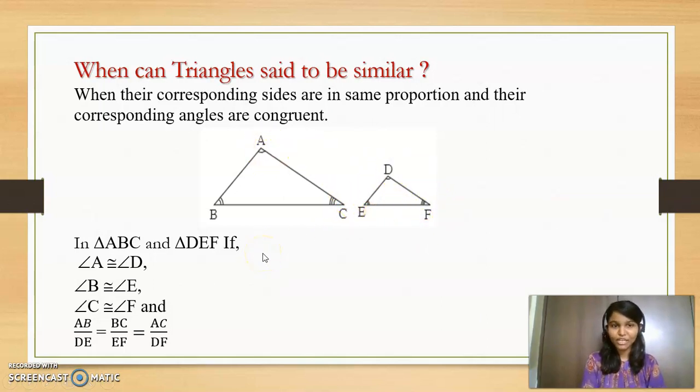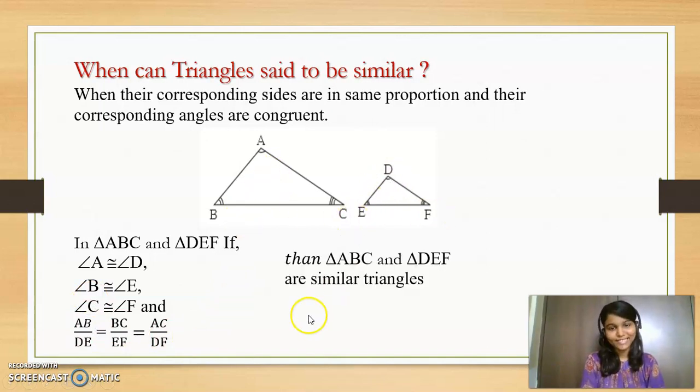This I'll explain to you in the next slide in a more detailed way. So if all these conditions are fulfilled, that is 1, 2, 3 and this, then we can say that triangle ABC is similar to triangle DEF, and which will be denoted with this sign.